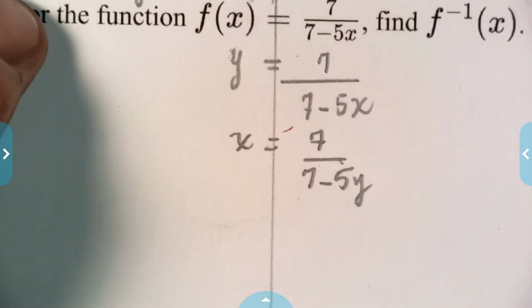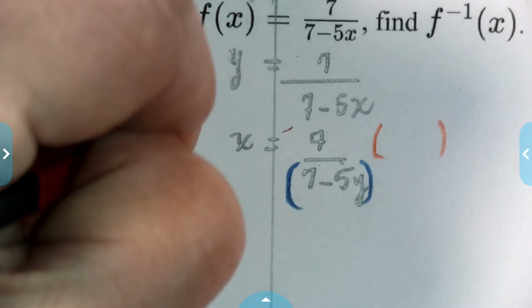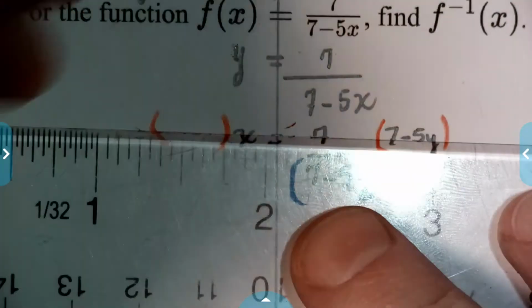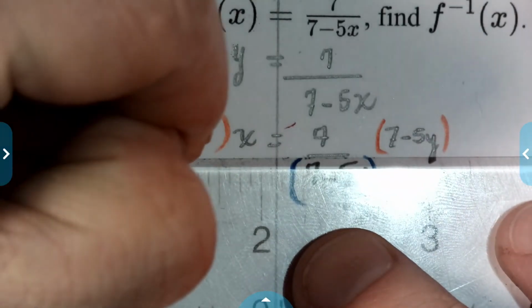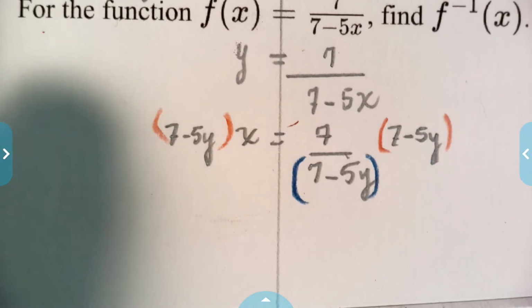And let's solve for y. Same idea as before. We're going to multiply this 5y out here and here. Okay, so I'm going to say 7 minus 5y here, and 7 minus 5y here. Okay.